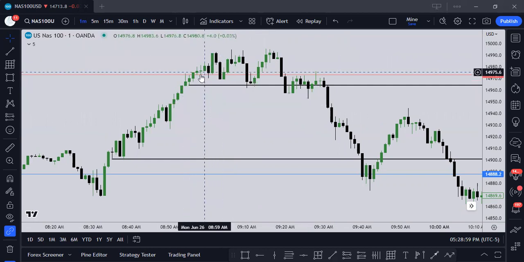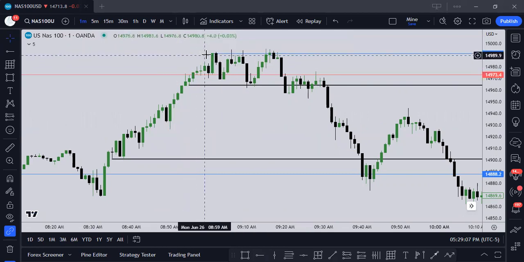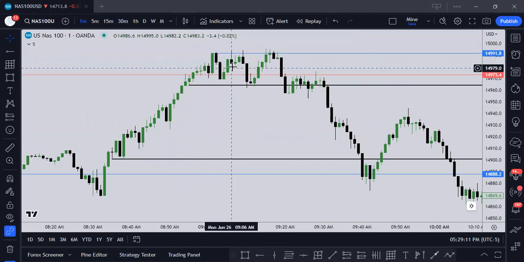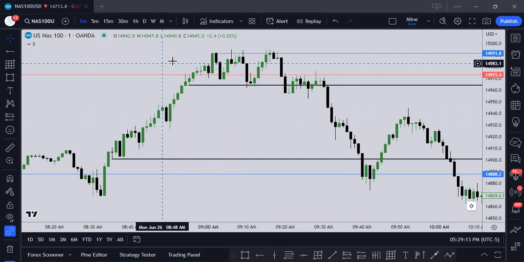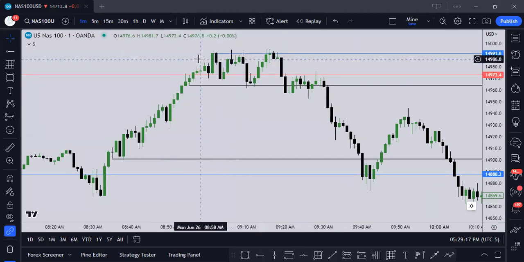Inside the M5, we have price trading through that high right here. A little bit higher. And we are not closing above. This, to me, is the definition of a rejection block.